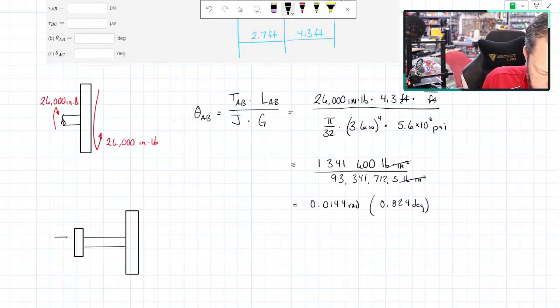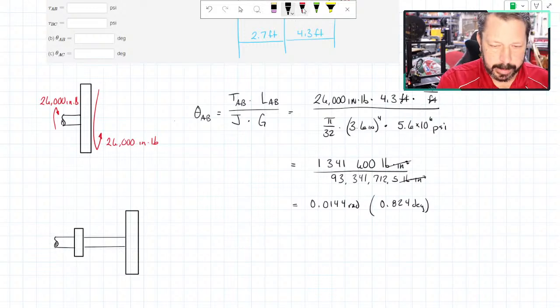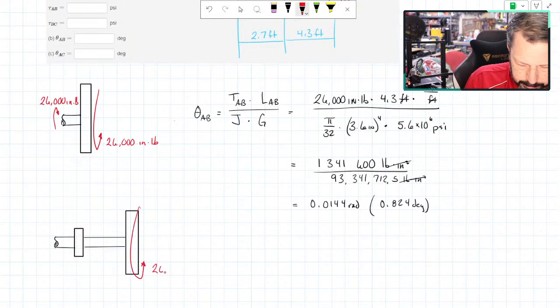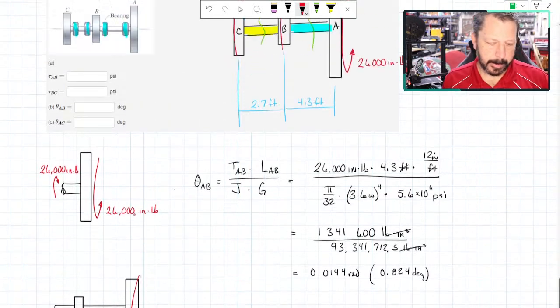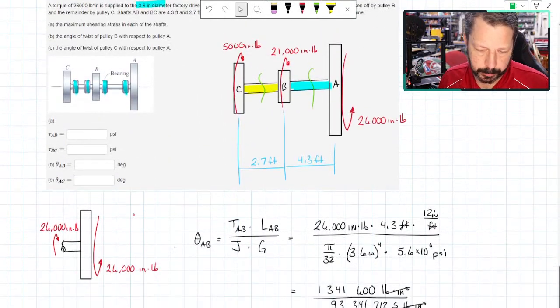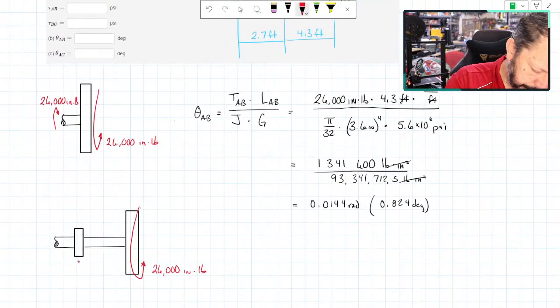And then there's a little bit sticking out over here. We would have our 26,000, that's a 6 inch pounds. That is not a 6. I've got it. So let's just rewrite that. 26,000 inch pounds. B had 21,000 going the opposite direction.